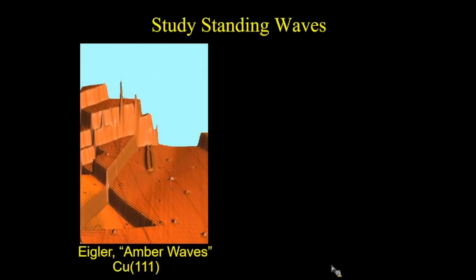So not only do you have real space information about materials, you can also get k-space information via STM. A picture showing how you do that is from this very nice visualization called Amber Waves by Don Eigler, who was one of the pioneers of STM at IBM. This is again in copper 111.